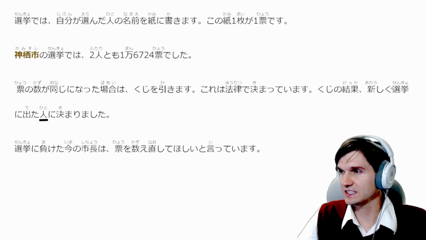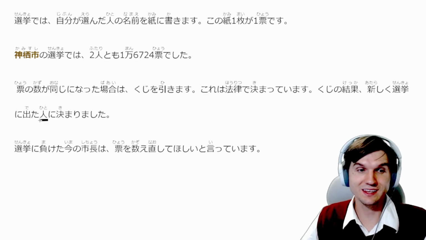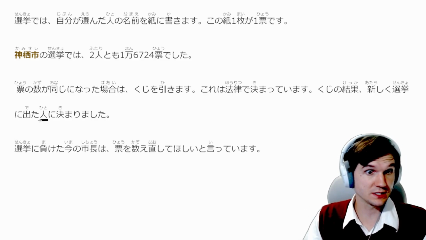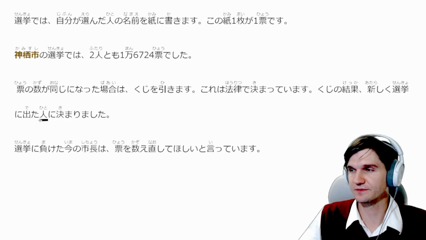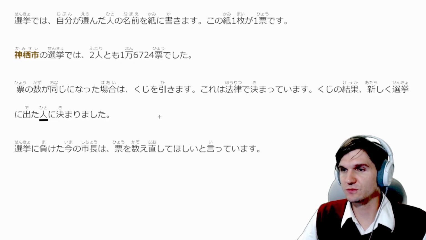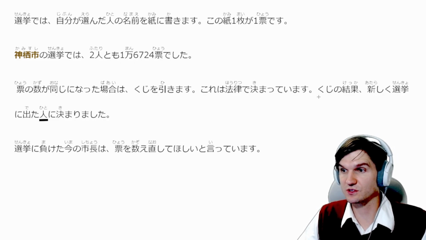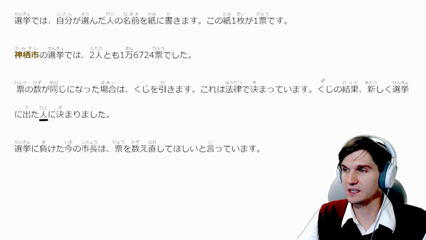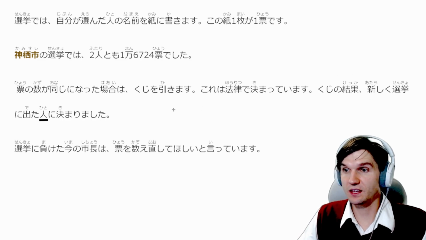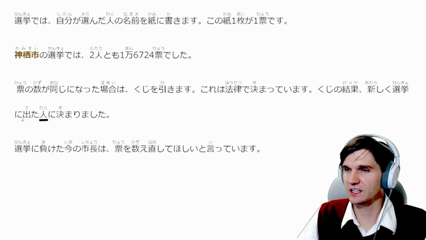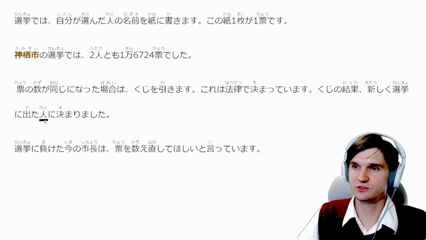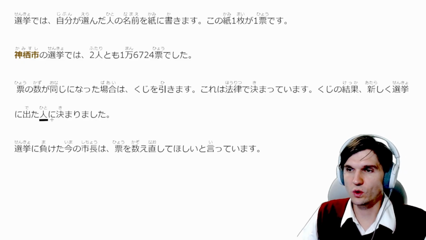So the 新しく選挙に出た人 would be the newcomer, not the person who is the current mayor, but the new person, the person who just participated in the election. So as a result of the random selection, the newcomer, the person new to the election, was determined.